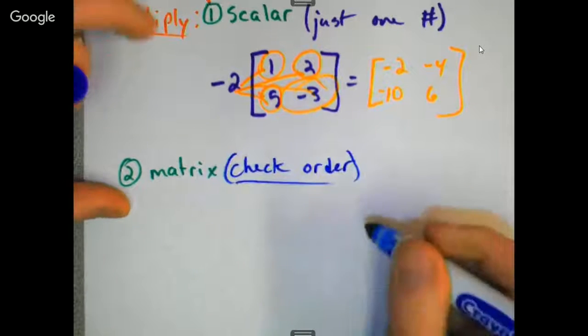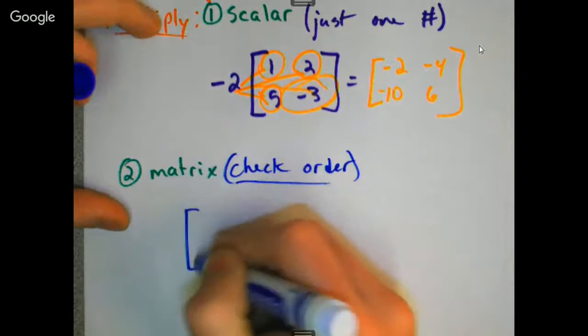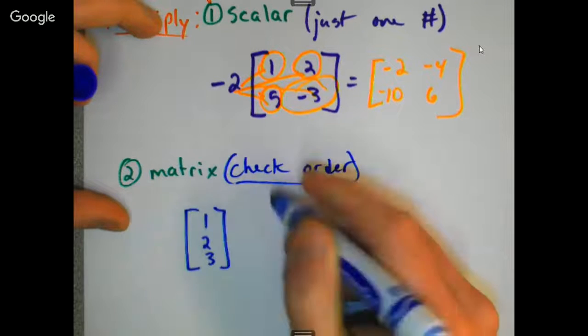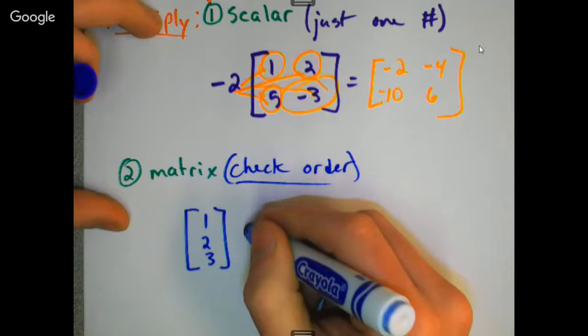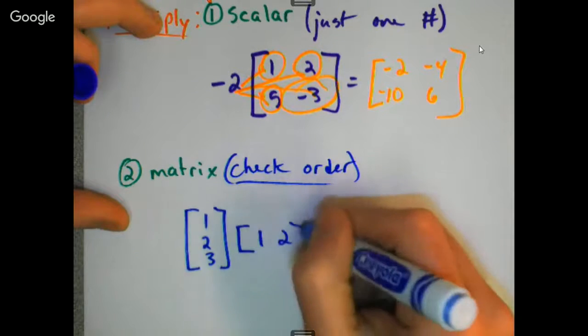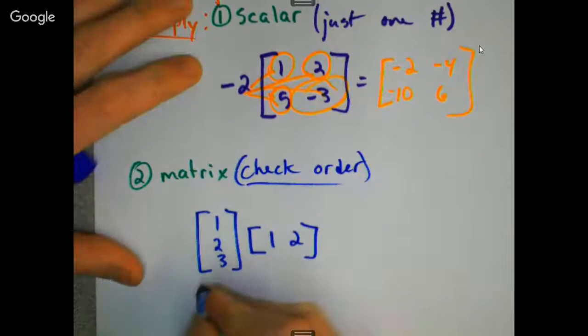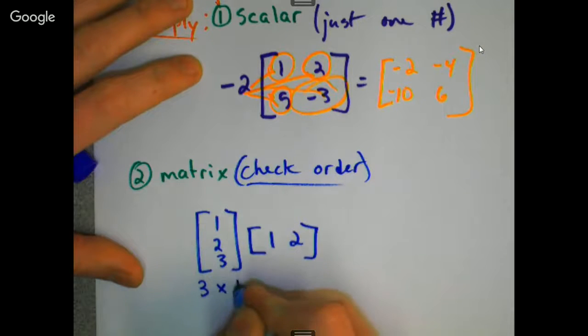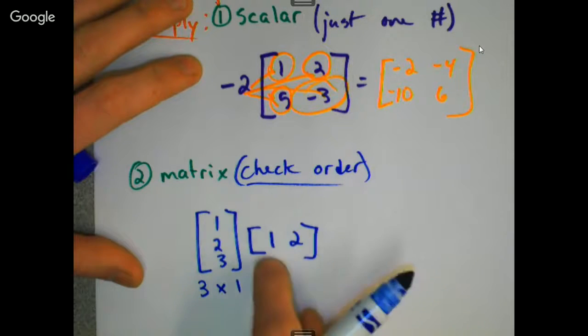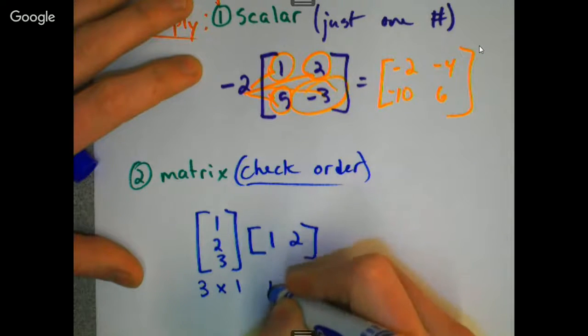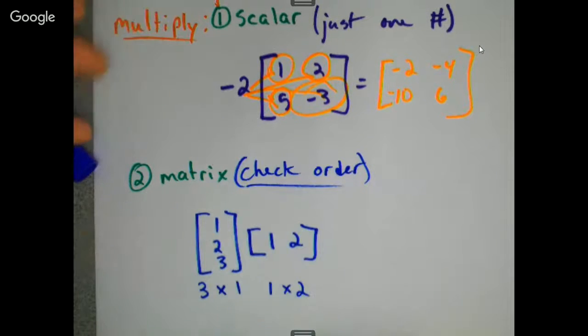That's important. Okay, so let's say I have these two matrices. The order of the first one is a 3 by 1. 3 rows, 1 column. The order of this one is a 1 by 2.